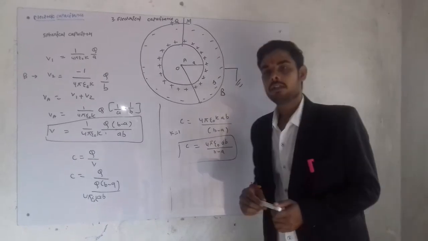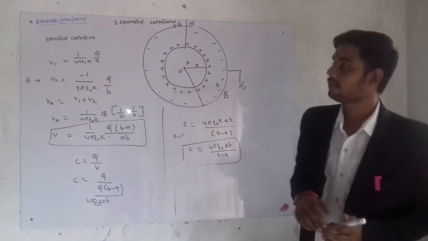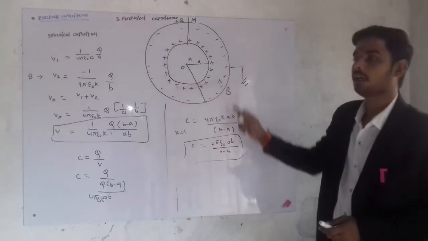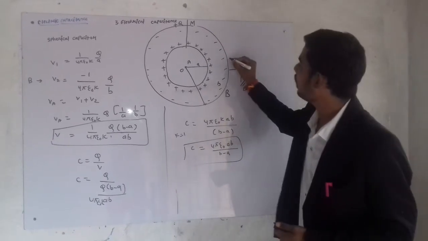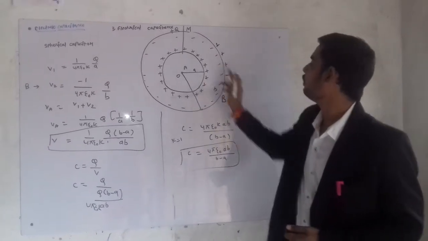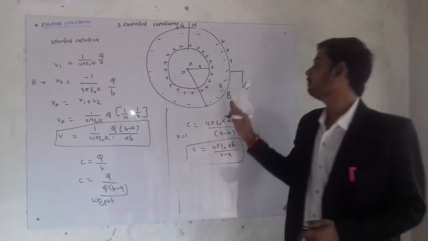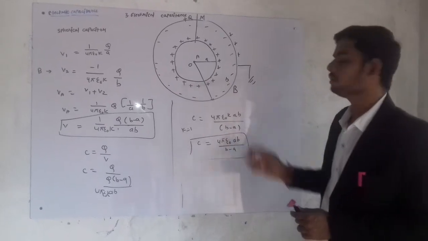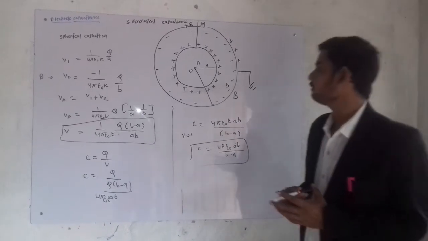First, if we give positive charge to sphere A, then due to electric induction, negative charge will be on the inner surface of sphere B and positive charge on the outer side of sphere B. But sphere B is connected to the earth, so the whole positive charge goes to the earth. So only negative charge will remain on sphere B.